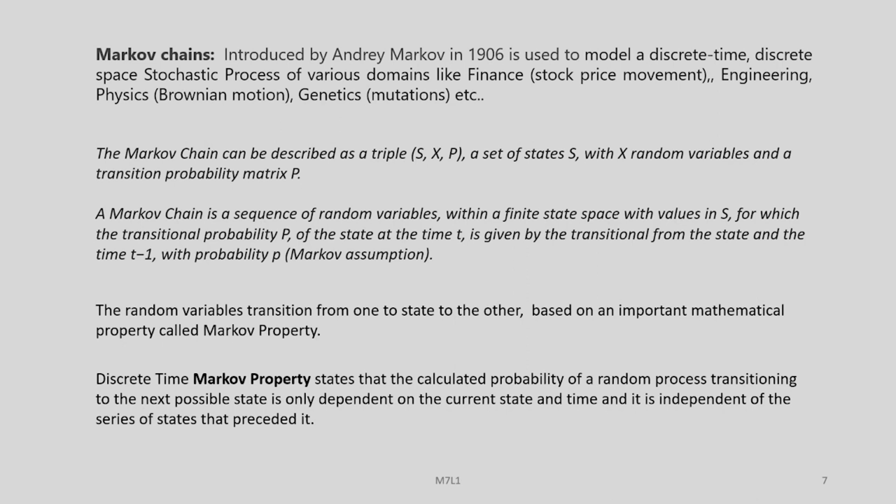We will discuss how the random variables transition from one state to the other based on an important mathematical property called the Markov property. The discrete time Markov property states that the calculated probability of a random process transitioning to the next possible state is only dependent on the current state and the time, and it is independent of the series of states that preceded it.